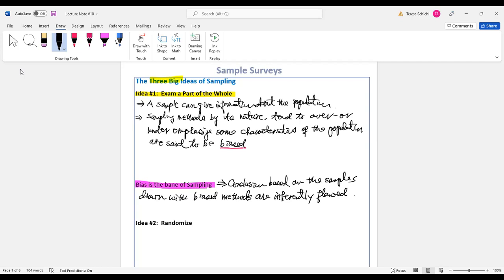For example, if you are a city council member and want to see the opinions on a certain piece of land, you ask: should we use this land to build a dog park, or a kids' softball or baseball field? Say you sample at a regular park and ask people whether they prefer a dog park or a kids' softball field.